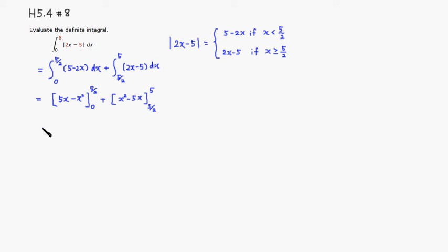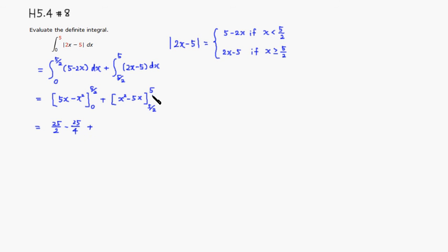Alright, then by the fundamental theorem of calculus, plug in the top number. So 5 times 5 halves would be 25 over 2. Minus, 5 halves squared would be 25 over 4. Right?